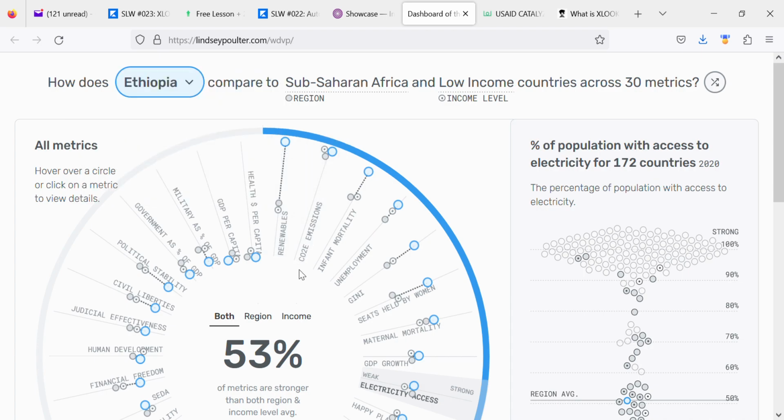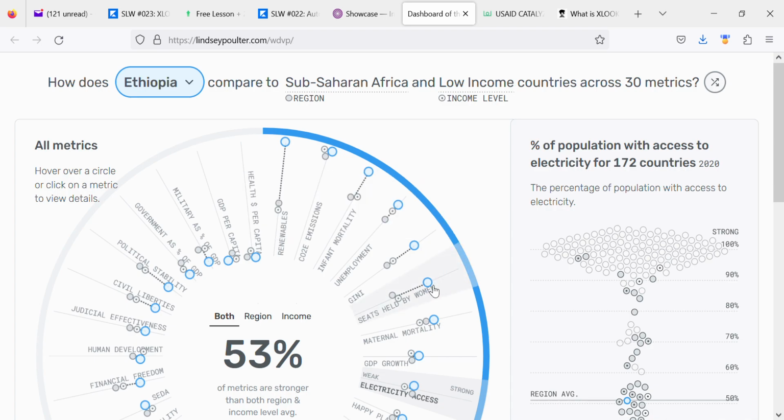In terms of carbon dioxide emission, it is 0.2. Infant mortality rate is 3.2 for Ethiopia. Unemployment is 3.7%. Gini coefficient is 33.